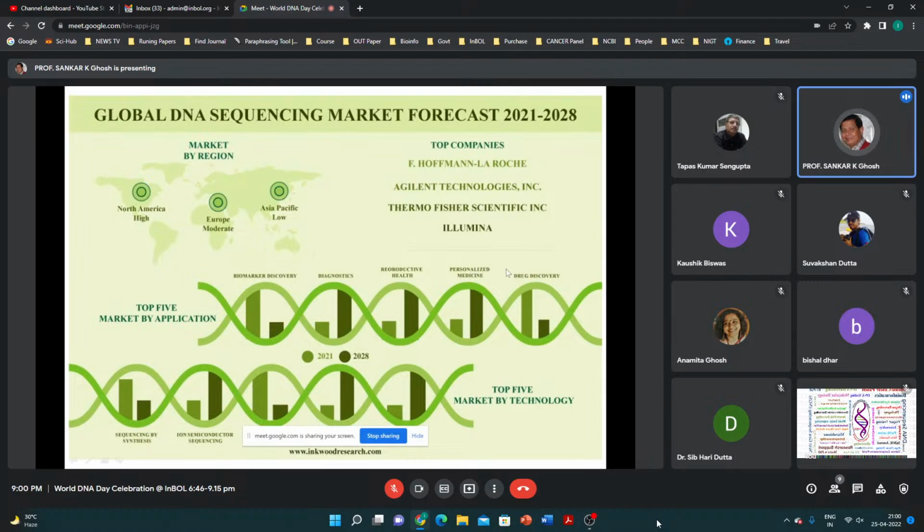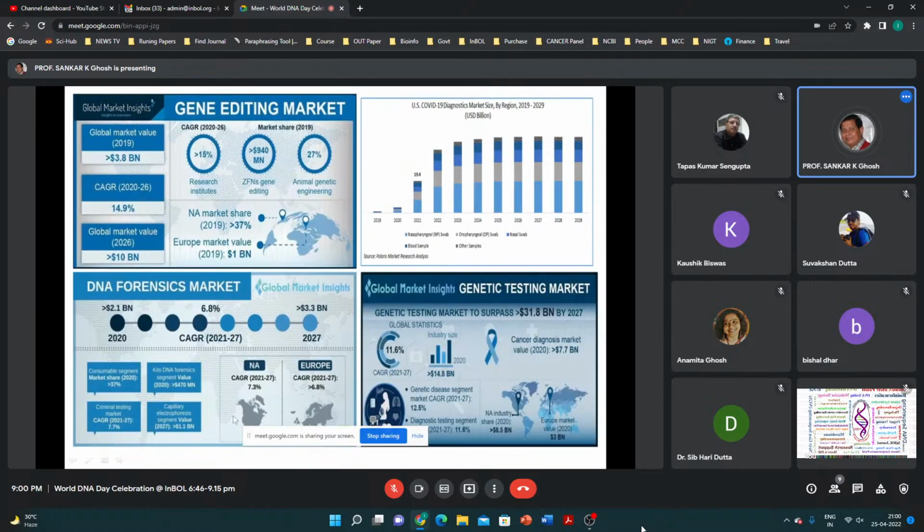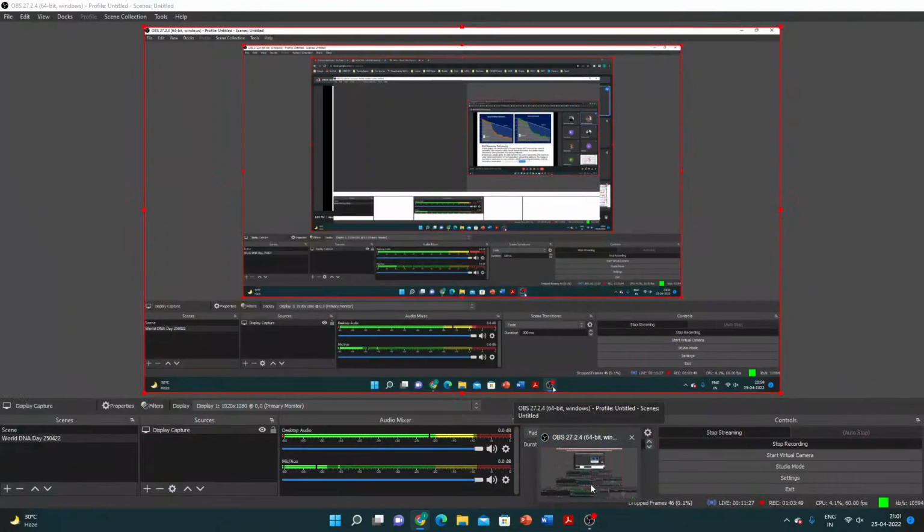And drug discovery on the basis of genome is coming low. So these are the focus areas. And even the top 5 markets by technology, what kind of technology it is: all of the ion semiconductor sequencing-based technology is coming in the highest in the coming 10 years. These are the different kinds of generating markets and the DNA forensic market.